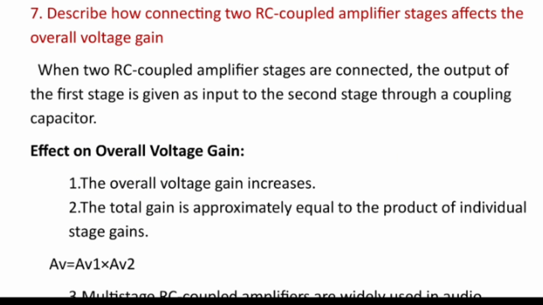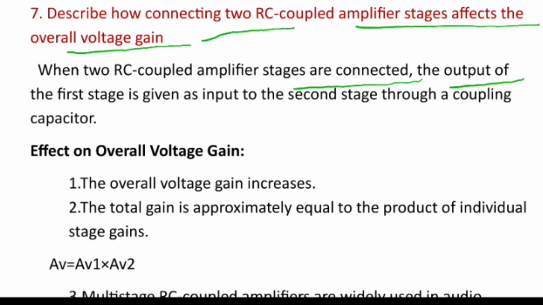Next, describe how connecting two RC coupled amplifier stages affects the overall voltage gain. In a two-stage RC coupled amplifier, the stages are connected so that the output of the first stage is given as input to the second stage through a coupling capacitor.